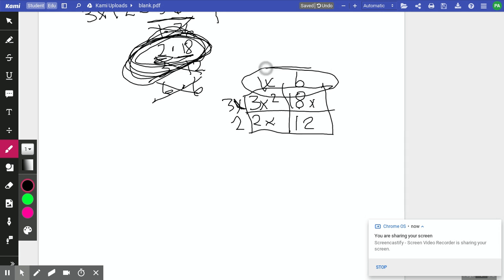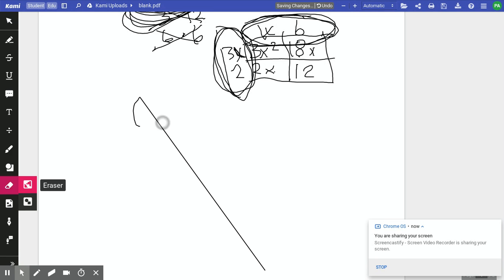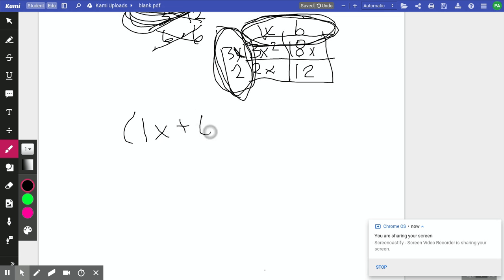And these numbers right here are going to be your new answers. And the next step is to just zero them out and then you're done. So it'll be 1x plus 6.